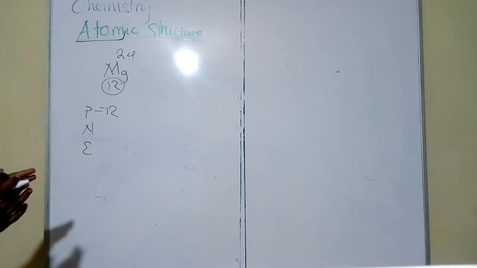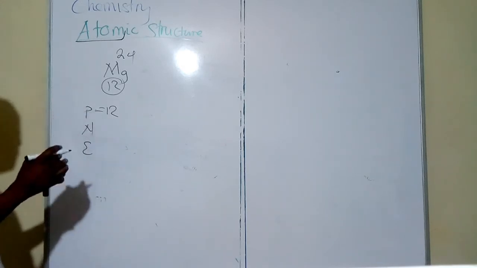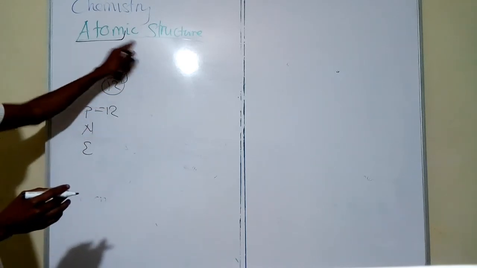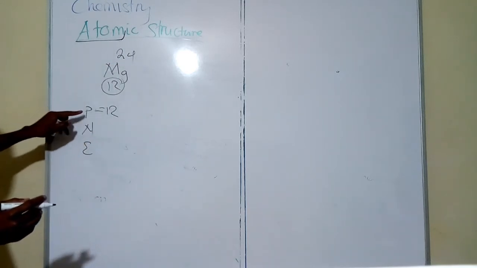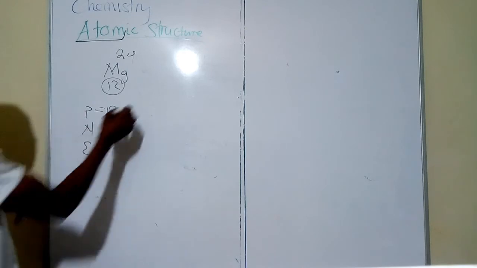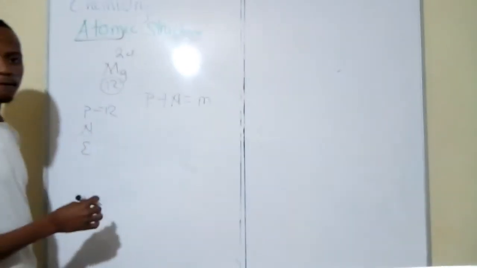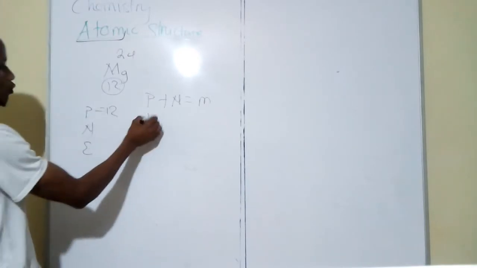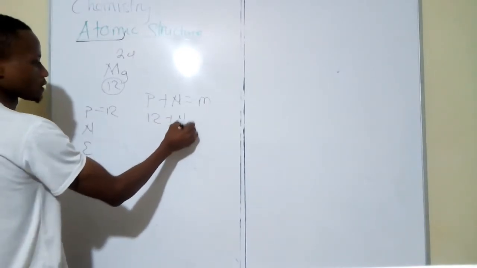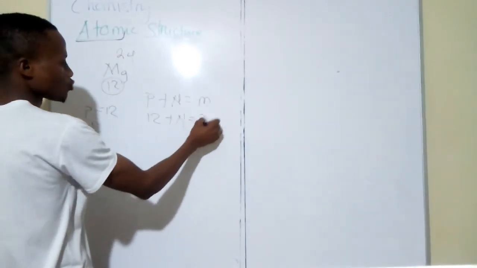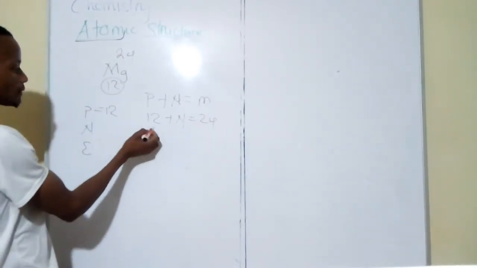From there, how are we going to calculate the neutron number? Remember we said the mass number is the sum of protons and neutrons. When you add protons plus neutrons, you get the mass number. Protons we have, it is 12. Neutrons we don't have yet, which equals the mass number, which is 24. So you group the items.